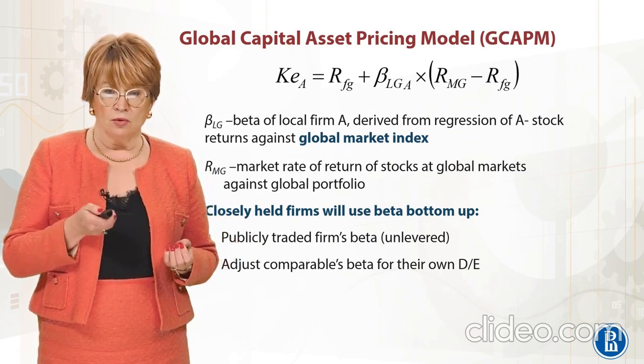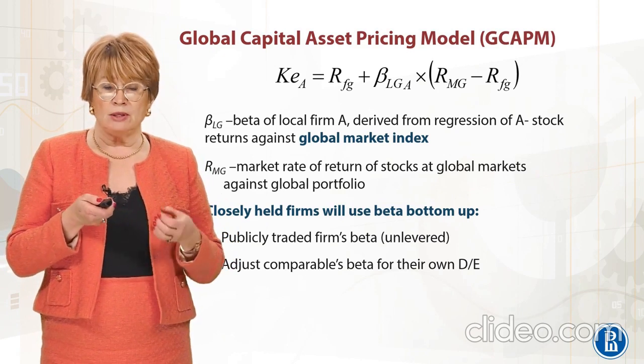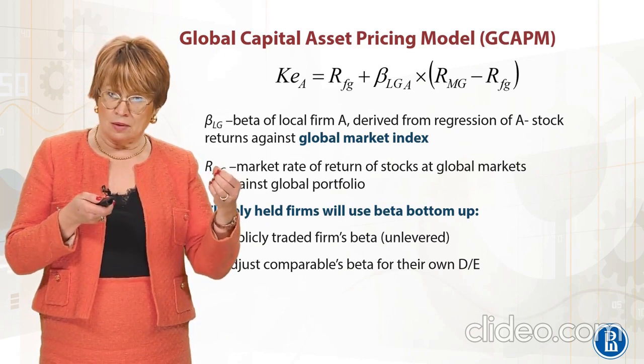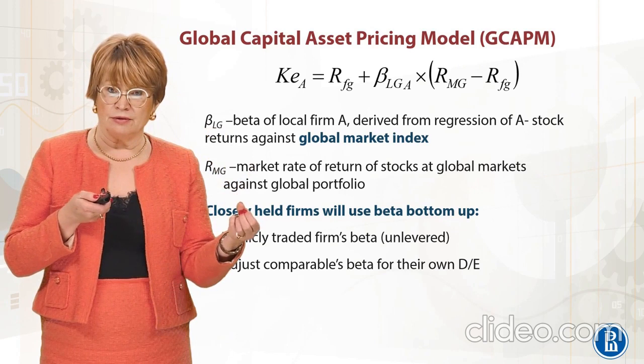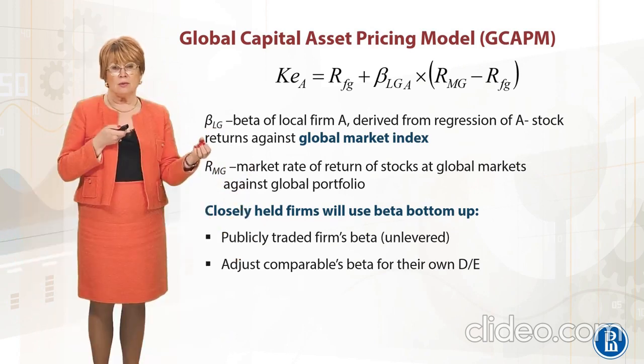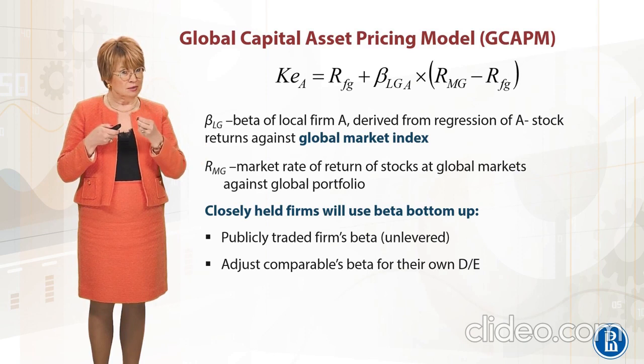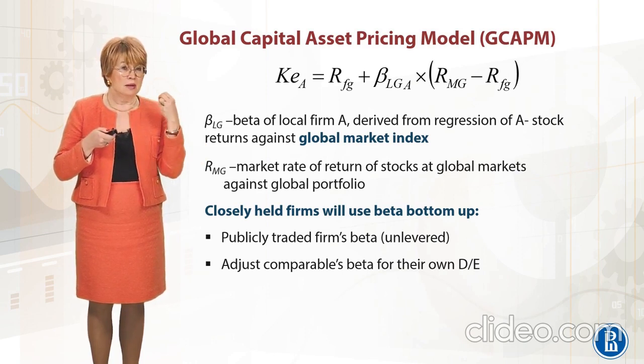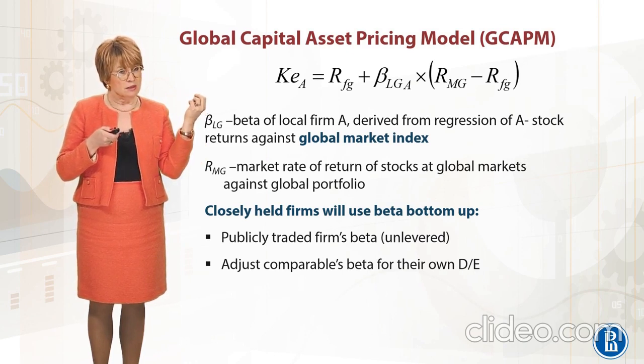The beta of the company A would be the slope of the regression, which when doing that regression will be built on the data of the market global portfolio rate of return and the sensitivity of the local company A rate of return of its stock.